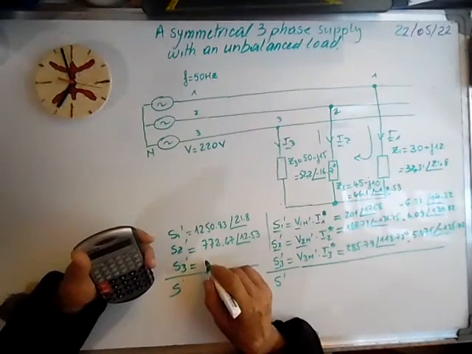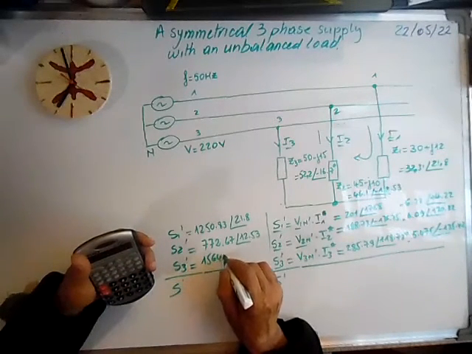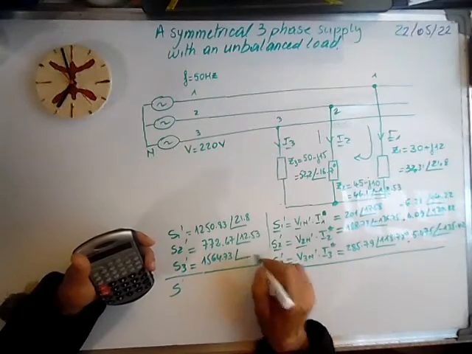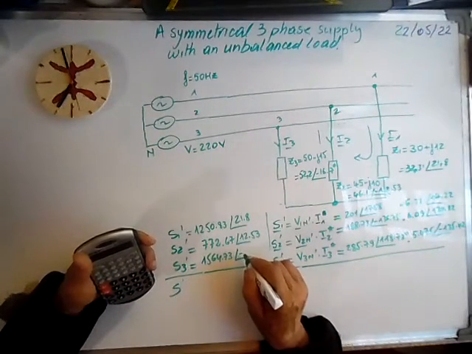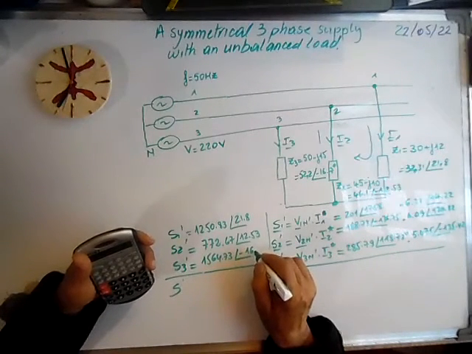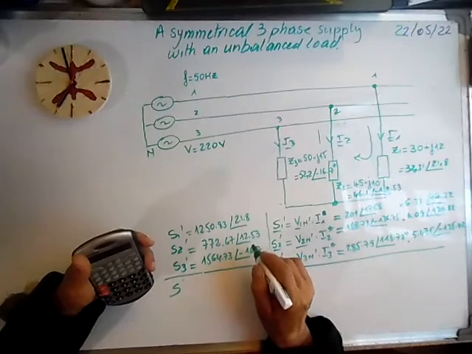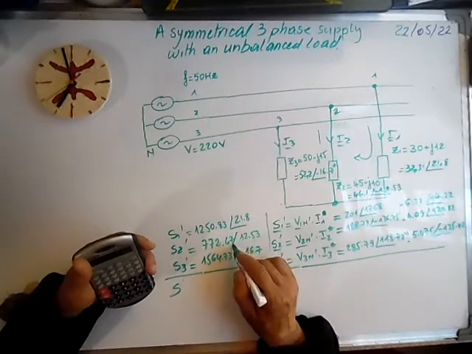The last one is 1564.73, argument this plus this will give us minus 16.7.